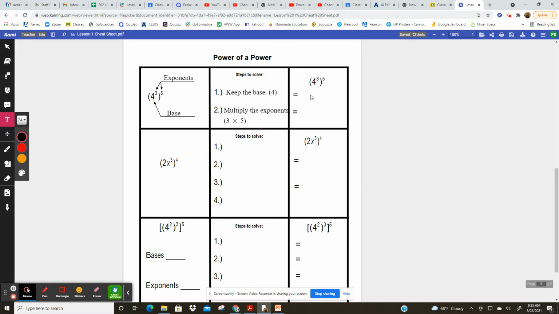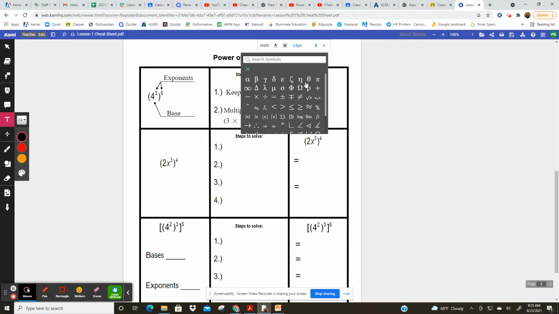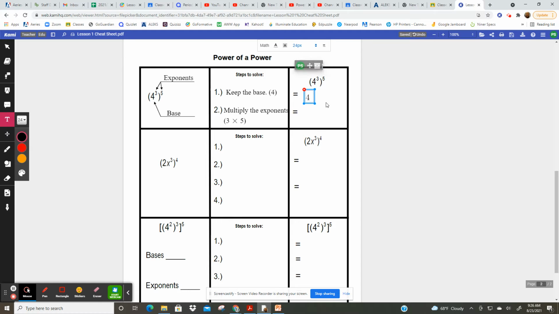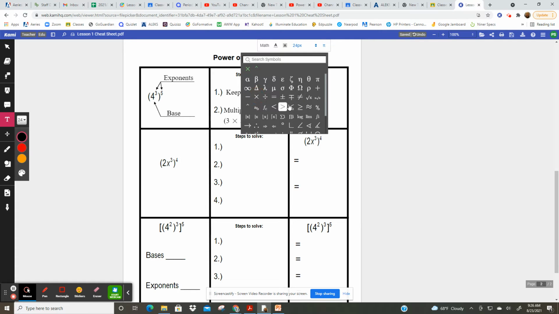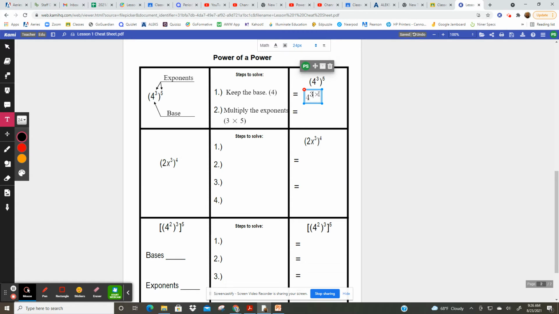All right, so let's go ahead and do it. So I'm going to keep the base and multiply the exponents. So I'm going to click here. I'm going to hit this FX. And then I'm going to type in 4. And then I'm going to raise it by hitting this button. 4 raised to the 3 times 5. There's my times button.